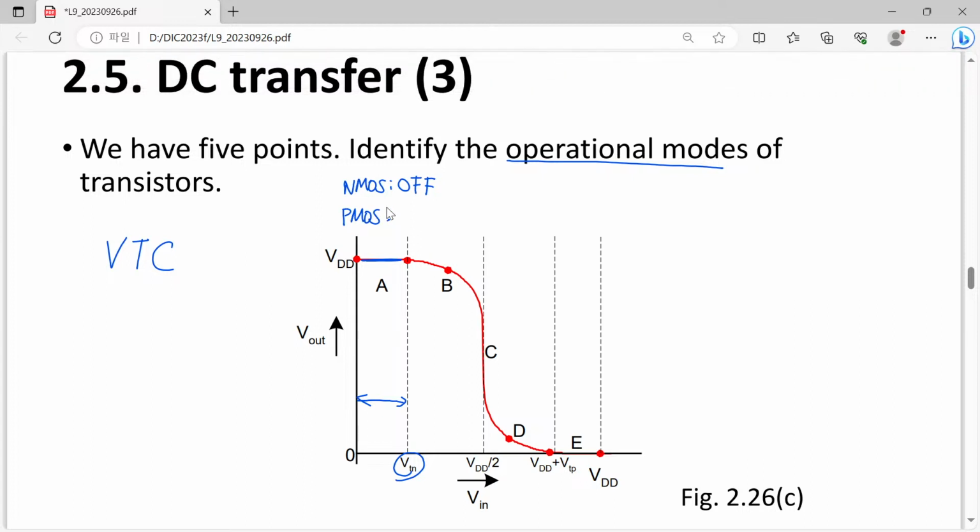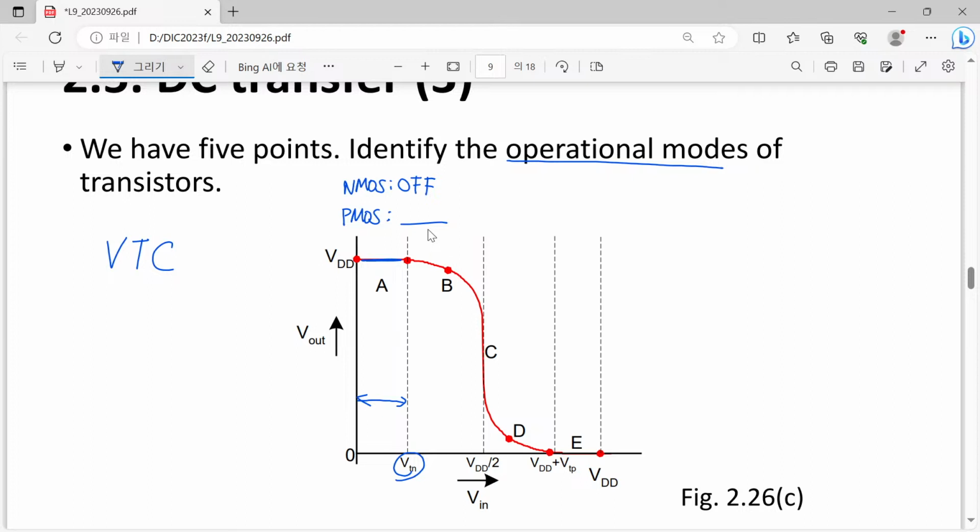But please consider, is it in the linear mode or is it in the saturation mode? Now the PMOSFET has its source at VDD and now its drain is also VDD. So what is the voltage difference between source and drain? It is 0. So if the drain to source voltage is 0, then it is certain that our PMOSFET is in its linear mode.